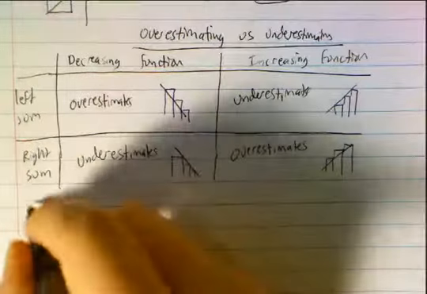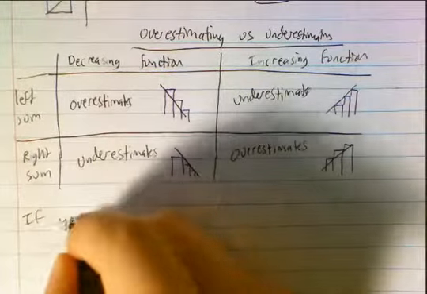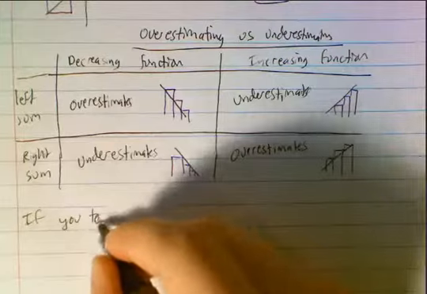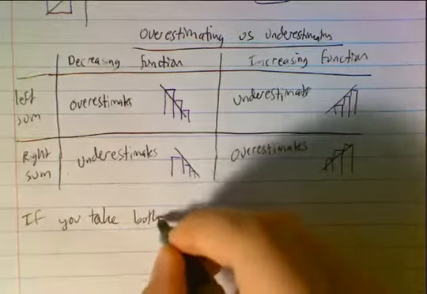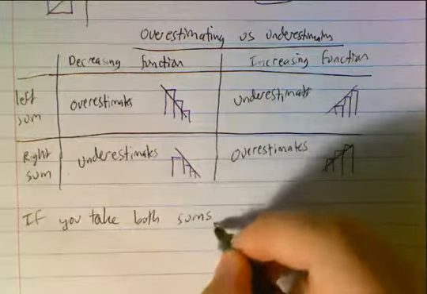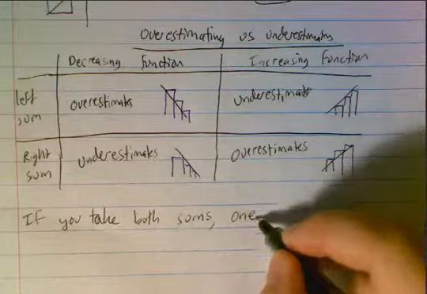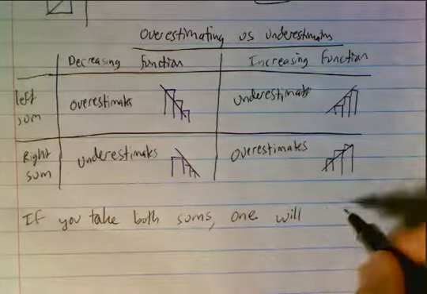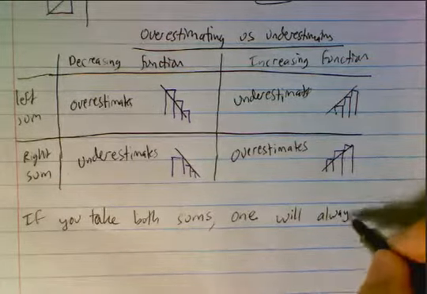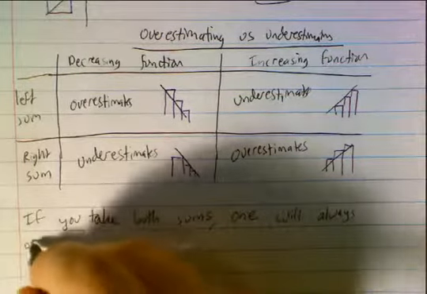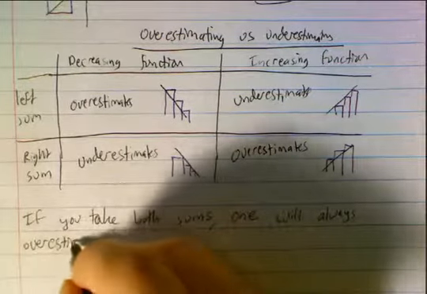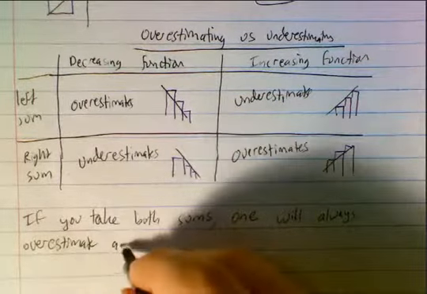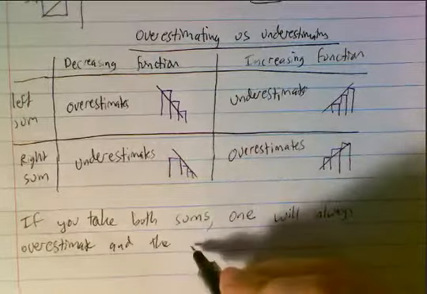So that means that if you take both sums, one will always overestimate, and the other will always underestimate.